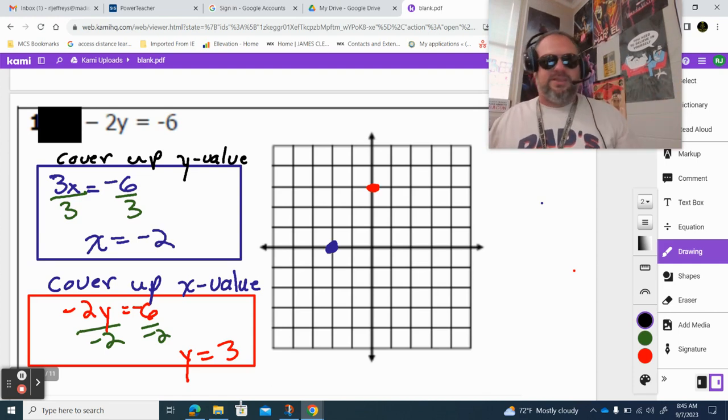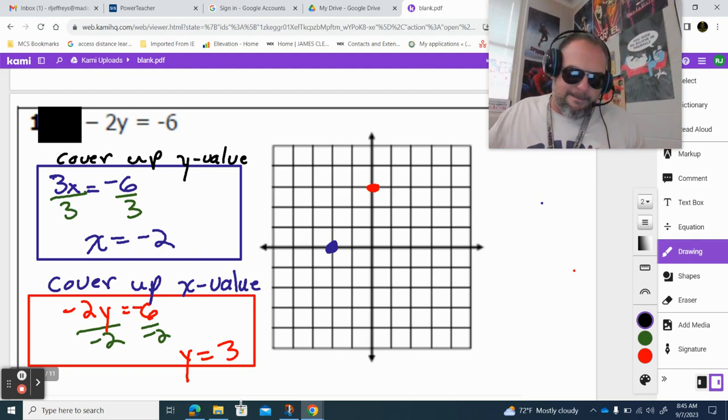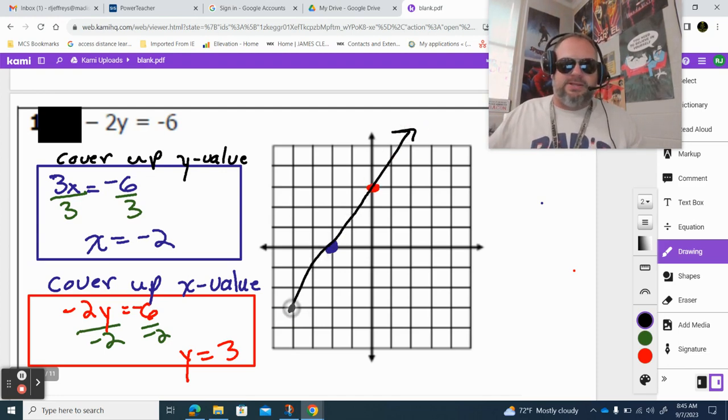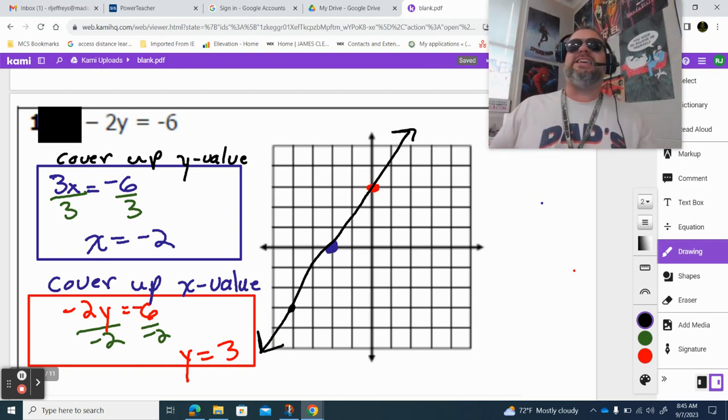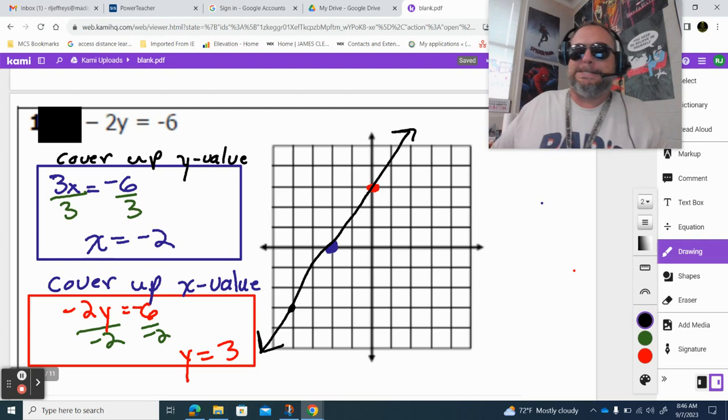The theorem is that between any 2 points, there is exactly one line. So I'm going to do my best to make it as straight as possible, and I'm going to put arrows on the line.